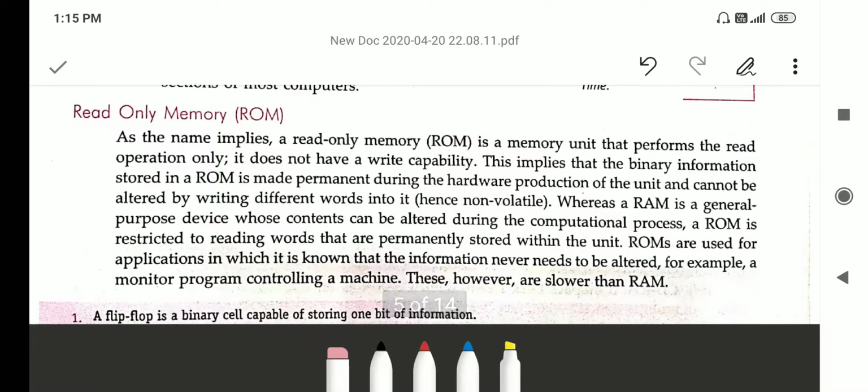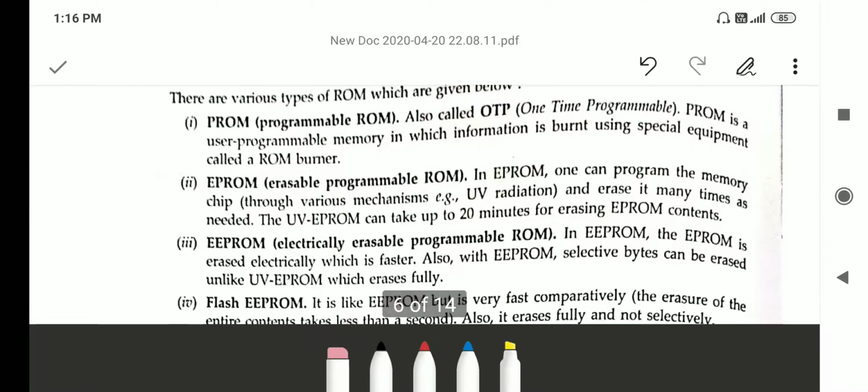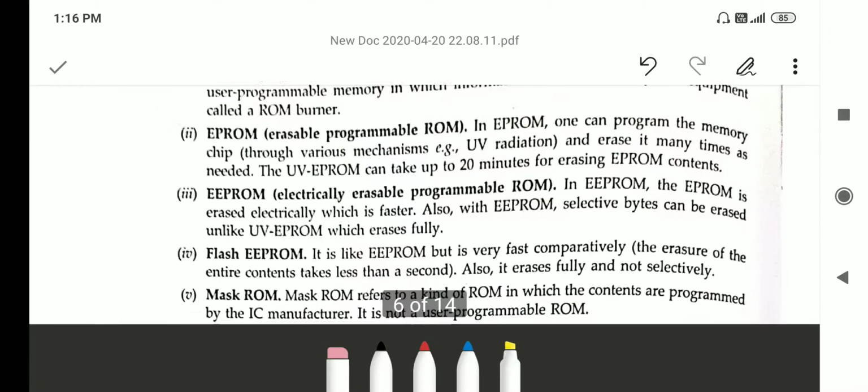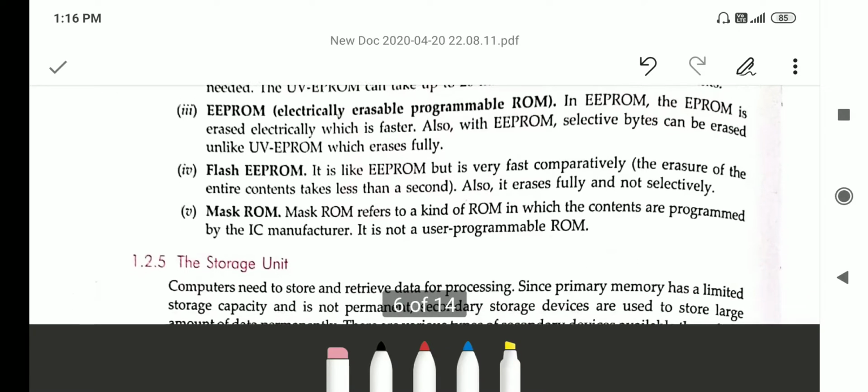ROM is the read-only memory, and it is used to give a fixed amount of information every time. There are different types of ROM available in the market. For example, PROM, programmable read-only memory. It can be programmed by the developer and the manufacturer of the chip or the motherboard. EPROM, erasable programmable read-only memory. In this memory, UV radiation is used to erase it.